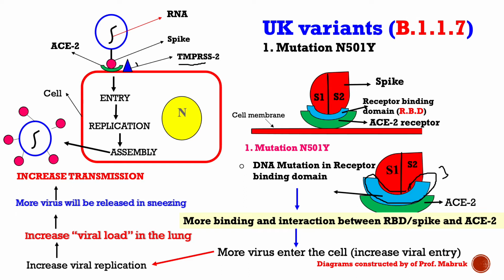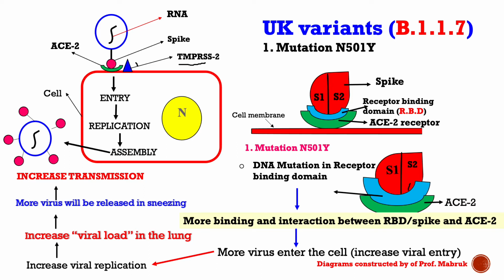It means this mutation or change in the receptor binding domain will result in more interaction between the spike protein and the ACE2 receptor. You see here, more tight binding, or more interaction, between the RBD and the ACE2, or angiotensin converting enzyme 2 receptor.